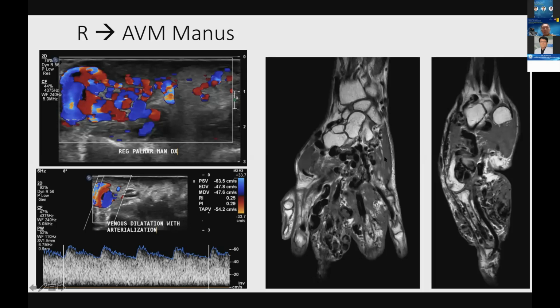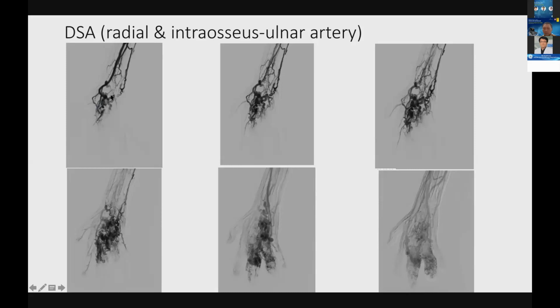MRI without contrast makes it very difficult to see the nidus. With Doppler ultrasound, we can see exactly the site of the nidus, the feeding artery, and the draining vein. This is DSA, arterial phase of the AVM, until the venous phase.